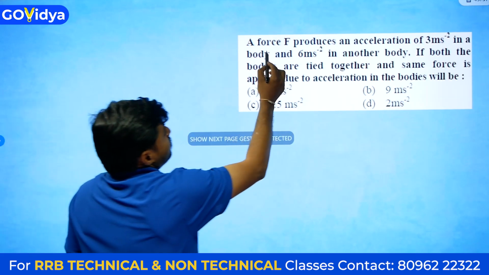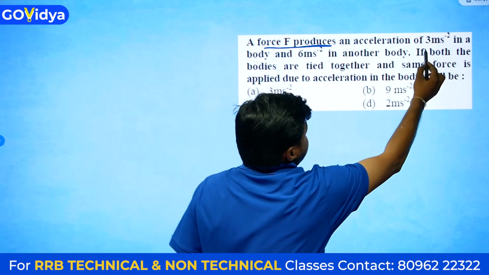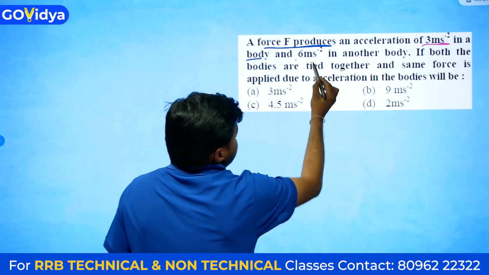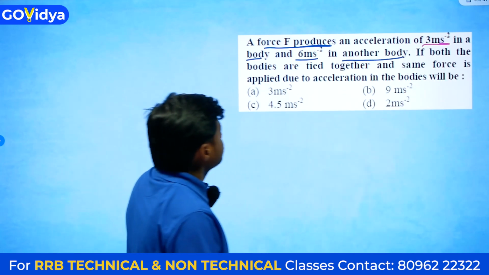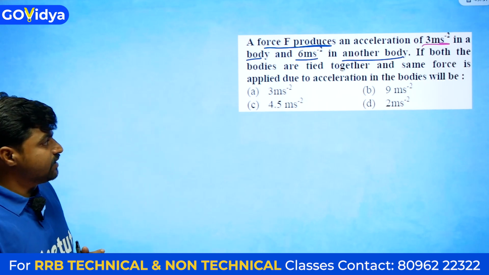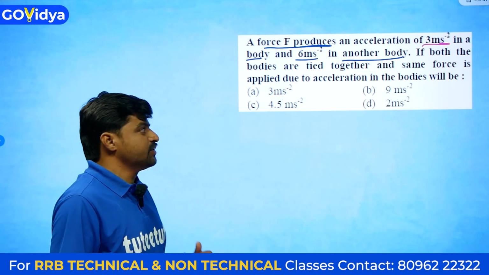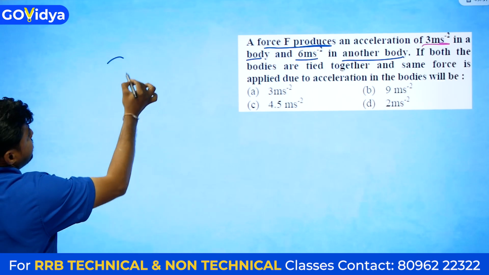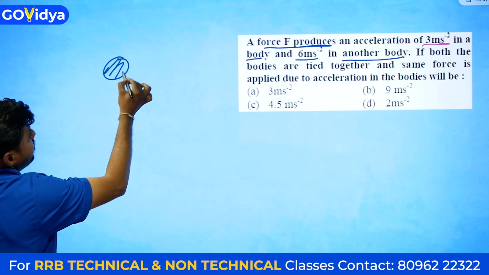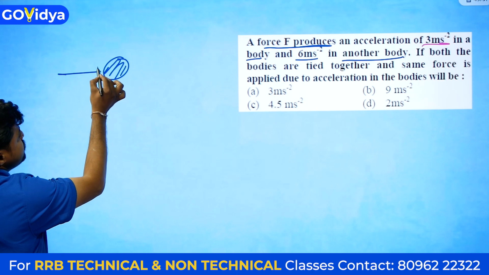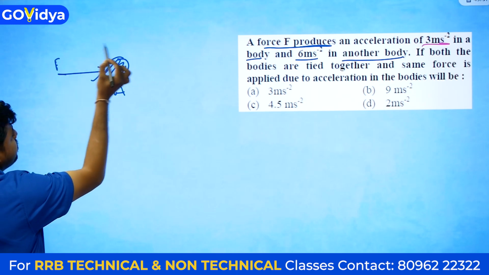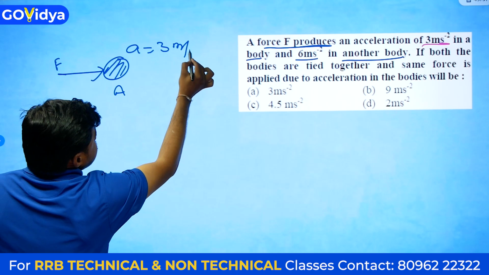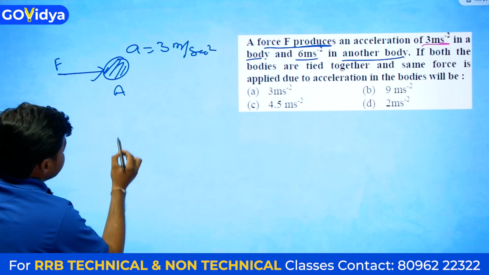A force F produces an acceleration of 3 meters per second squared on one body and 6 meters per second squared on another body. Both bodies are tied together. The same force is applied. The acceleration of the bodies will be? In the question, what they are saying is this body A, if force F is applied on body A, it will accelerate at 3 meters per second squared.